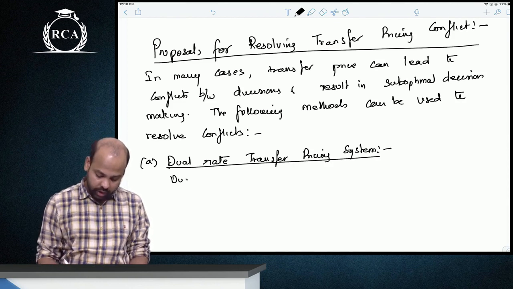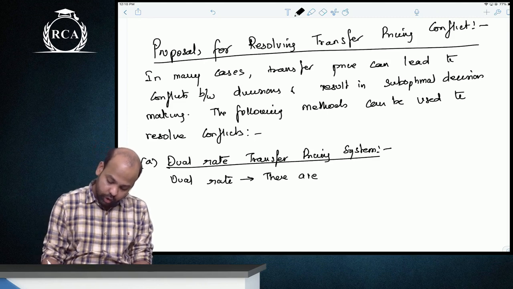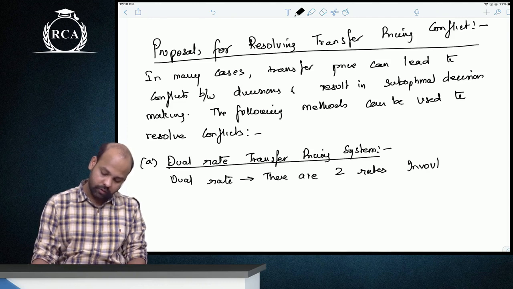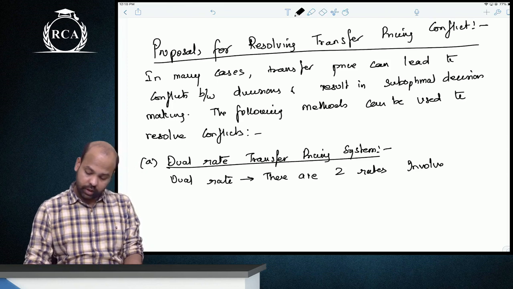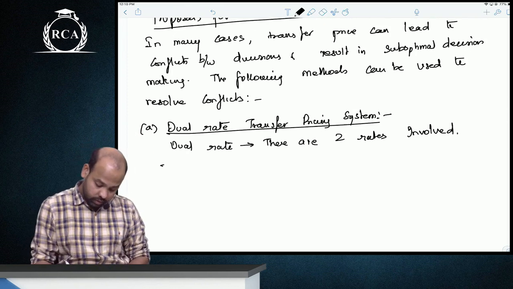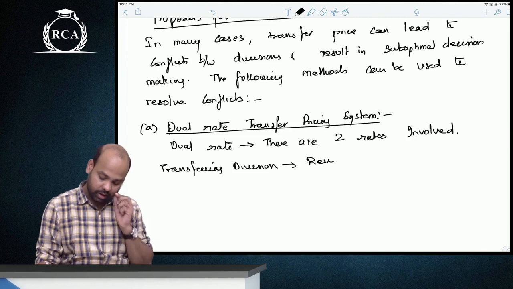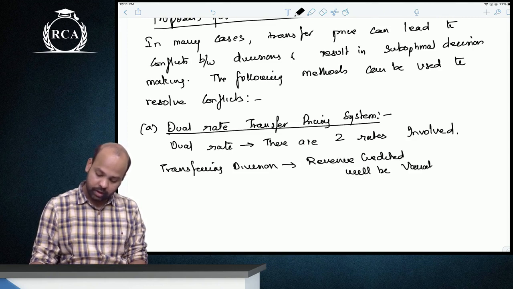When we say dual rate, there are two rates involved. The transferring division, revenue credited will be variable cost plus margin.